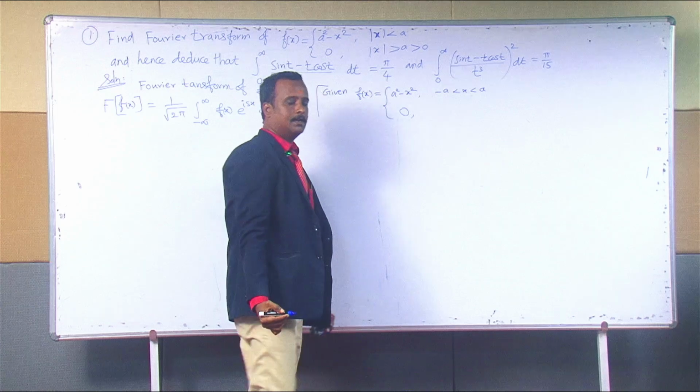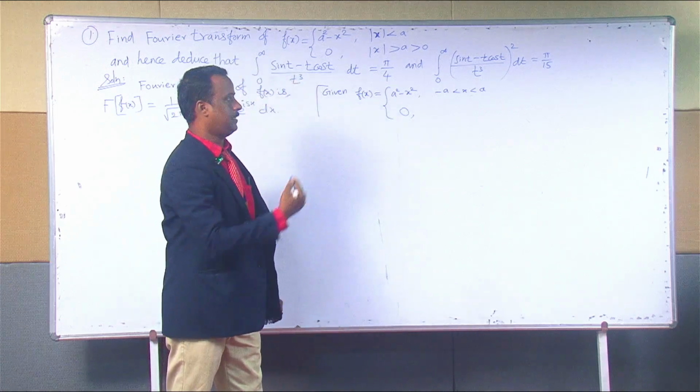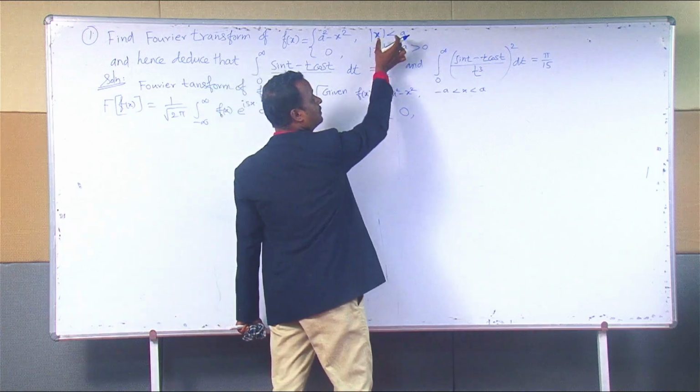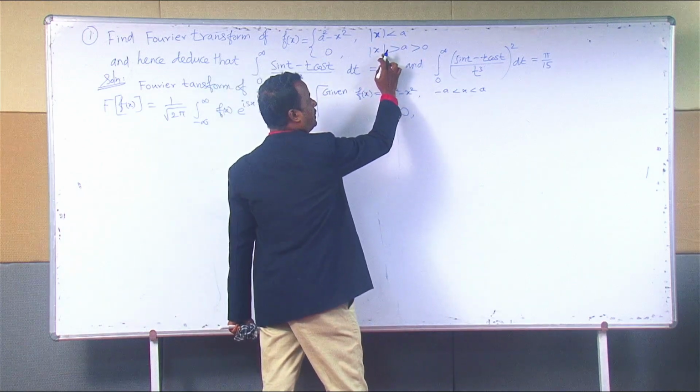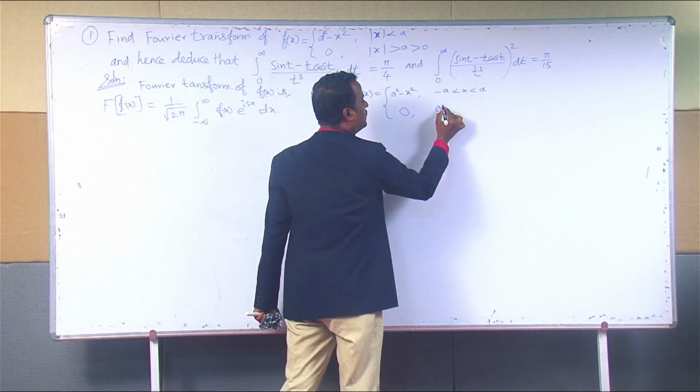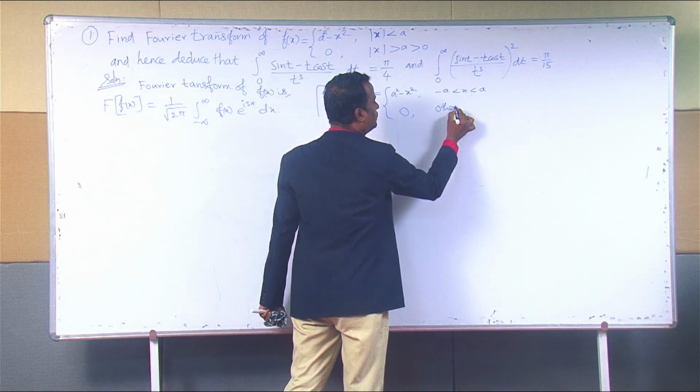The value of x lies between minus a to plus a. That's the meaning of modulus of x less than a. And what about the other cases? Modulus of x greater than a, that is, all other cases, we can write as otherwise, where the function is 0.